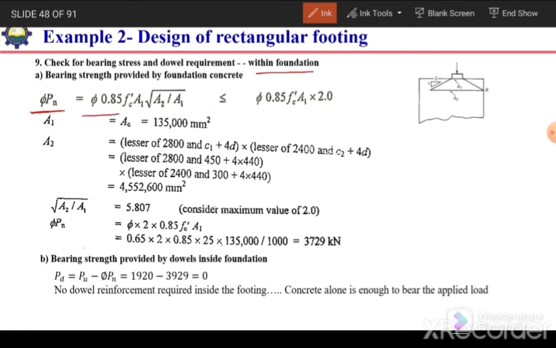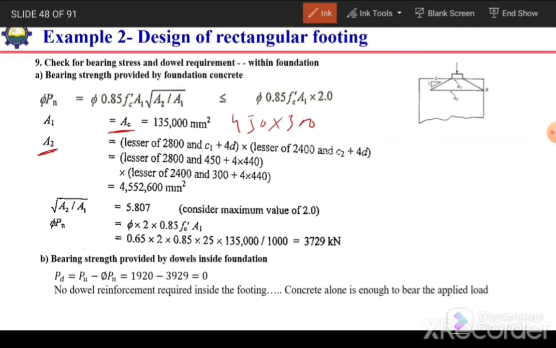That is given by 0.85 Fc prime times area of column multiplied by square root of A2 over A1, and this should be less than 2 times 0.85 Fc prime A1. Here A1 is equal to the area of column, which is 135,000, or 450 multiplied by 300.